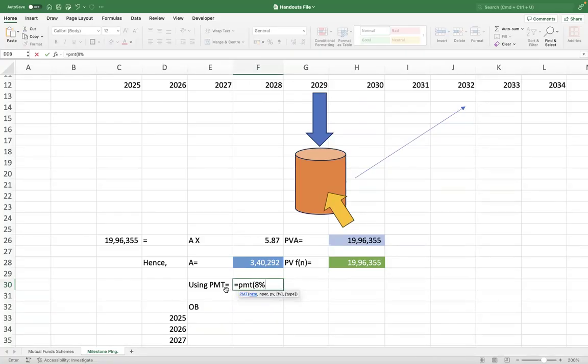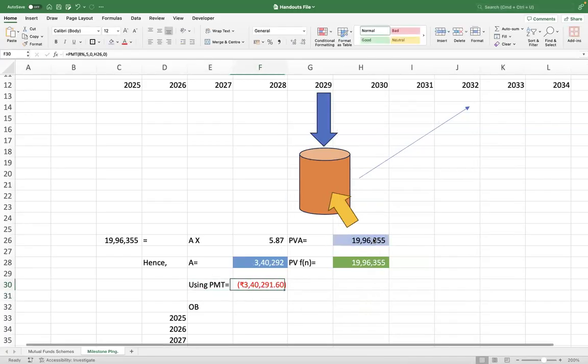Rate is 8%, number of years 5, present value तो कुछ भी नहीं है ना, जीरो है. Future value is this value, 1996355, and you will get the same result.